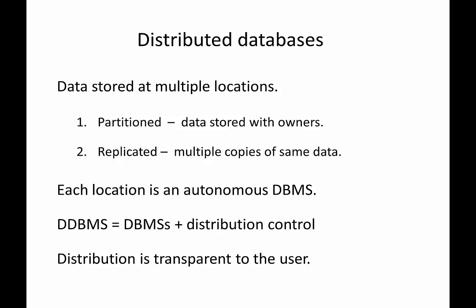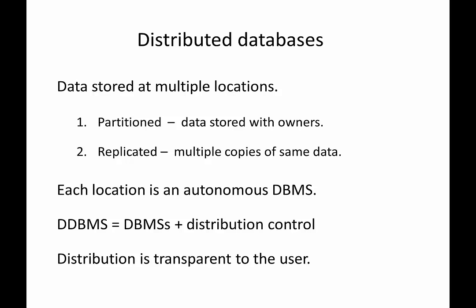Whichever system it is, partitioned or replicated, and of course a system may be both partitioned and replicated, each location is effectively an autonomous relational database system, or database system. We're not necessarily talking about relational systems here, any database system. Indeed, one of the things that many of the modern NoSQL databases excel in is distribution and replication of data.